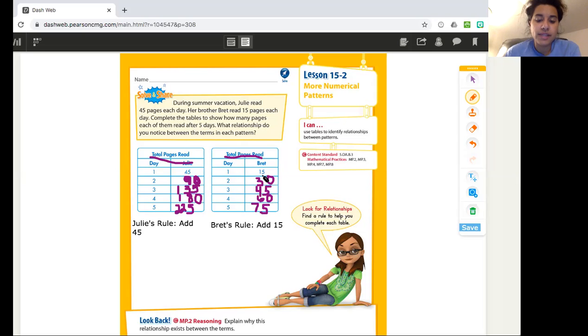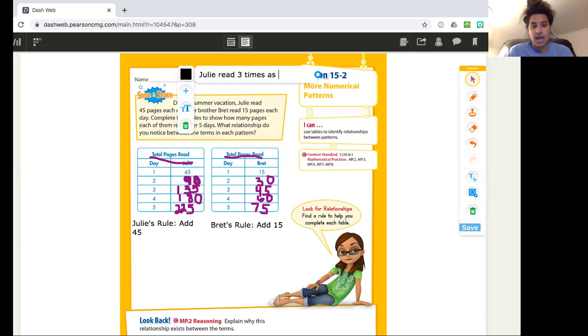And here we can say 15 times 3 is 45. 30 times 3 is 90. 45 times 3 is 135. So hopefully you're catching the pattern that Julie reads 3 times as many pages as Brett each day. So I'm going to type that out since that is part of the answer. That Julie read 3 times as much as Brett.